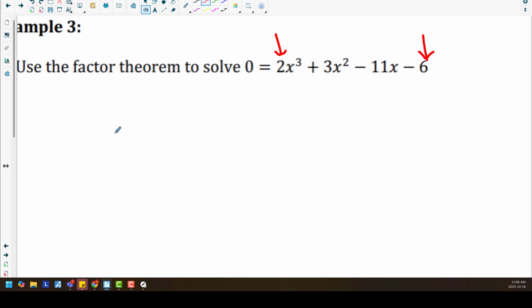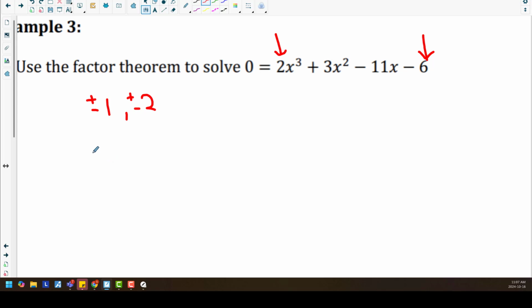Let's see. So let's write first all the factors of 2. So factors of 2 and 1. And remember, there's always a positive and negative relationship, so you can always have positive 1 and negative 1, or positive 2 and negative 2. Factors for 6. Now, the fact that it's -6, it doesn't really matter, because when it comes to all factors, we can have positive and negative.